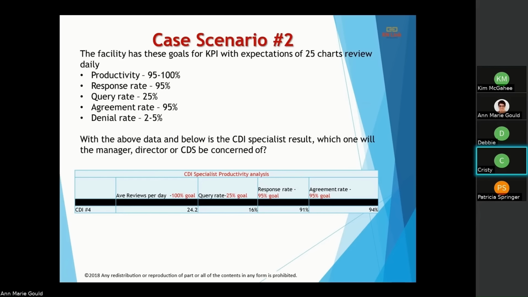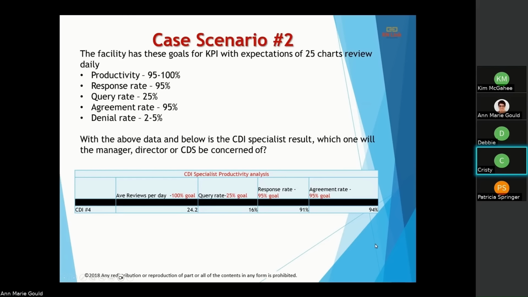So the query rate would be the most concerning because it's really low at 16%, while the second one would be agreement rate, but it's not so bad. The response rate is only 91%. So it's going to be a problem because your query rate is low, so your response rate is also low.